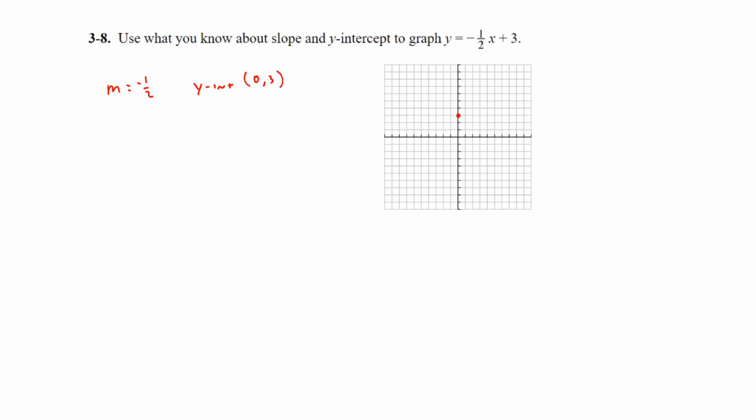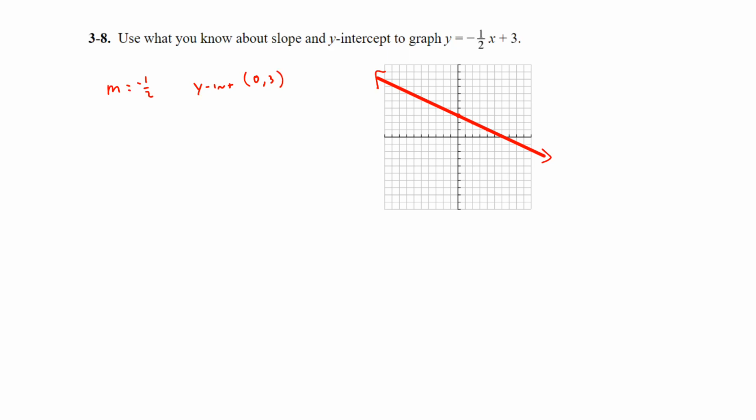And since the slope is negative, we need to go down 1 and to the right 2 from my y-intercept, and we can do this a couple of times. You can also go up positive 1 and to the left 2, as long as, make sure, your slope is going down. And then graph your line through the points. Make sure you include arrows on the line as well.